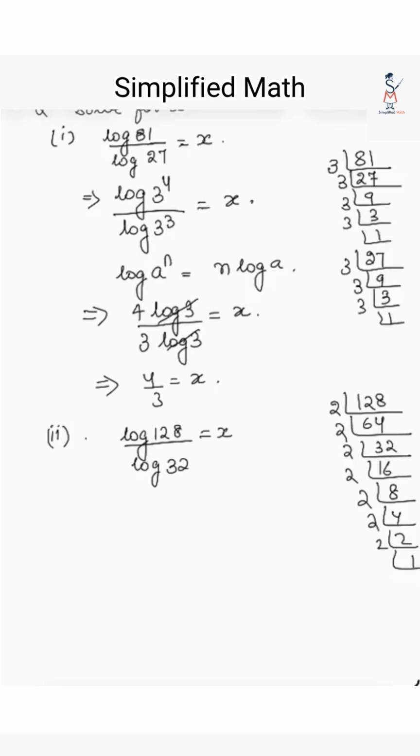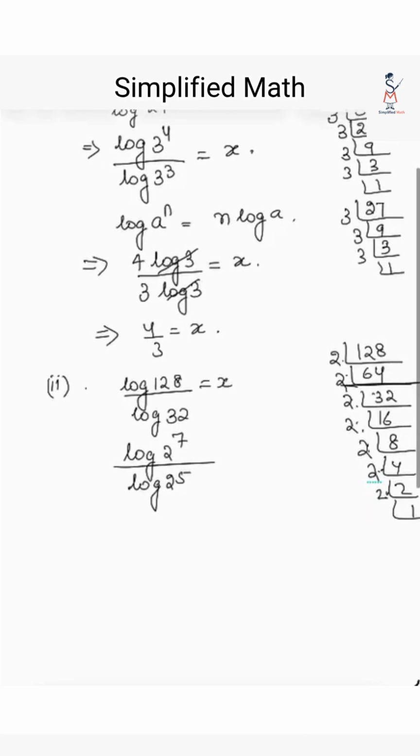So log 128 can be written as 1, 2, 3, 4, 5, 6, 7, 2 raised to the power 7. And 32 is, from here you can take 1, 2, 3, 4, 5, 2 raised to the power 5.